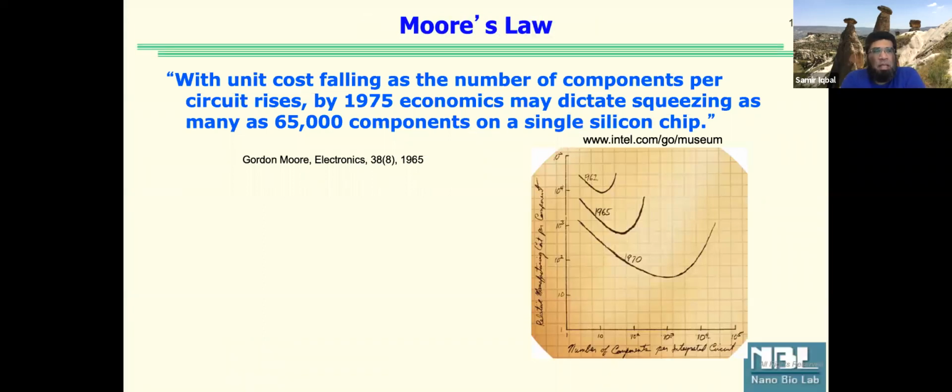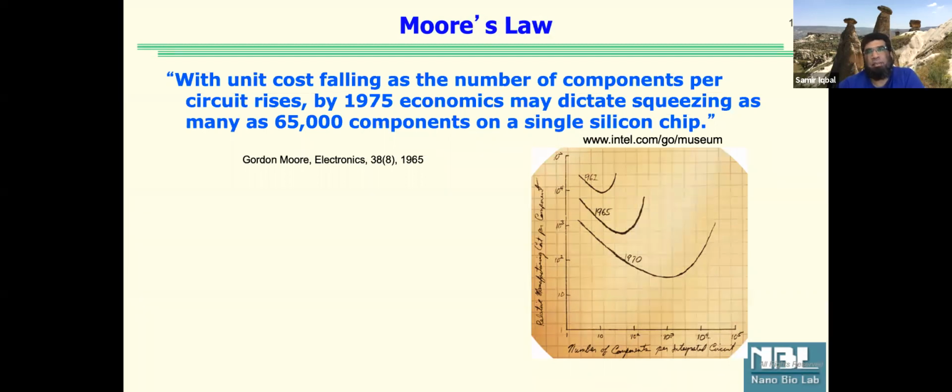Moore's law. Moore, if you remember, was one of the Fairchild 8, those 8 people who started a semiconductor company. You'll read about this in this week's homework. He wrote a piece in a magazine, Electronics, and he just speculated about 10 years.